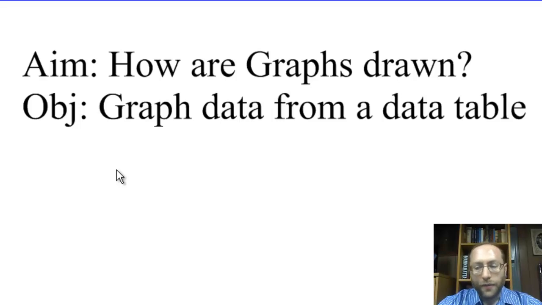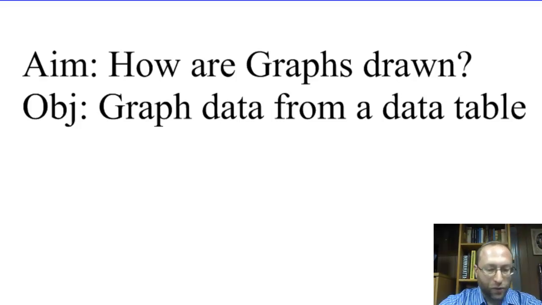And another reason is because it's so common in science, because it's so important. There is a graph on every single Regents exam. So there will be a graph coming up on your next unit exam. And as I said, I can guarantee you that there will be a graph of some kind on the Regents exam that you'll be taking in June.